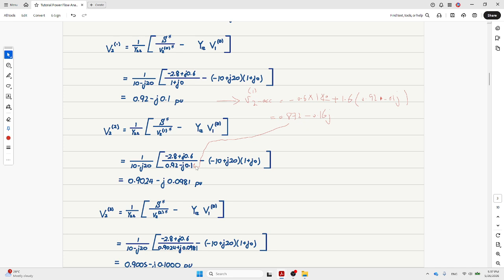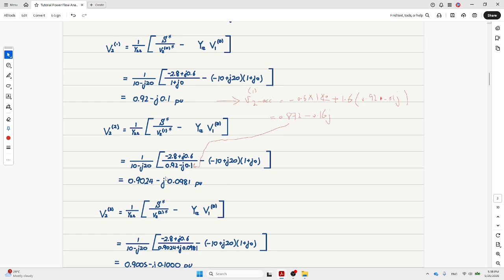And let's see the new value calculation. I have minus 10 plus 20j times minus 1, minus 2.8 plus 0.6j, divided by 0.872 minus 0.16j in parentheses, divided by 10 minus 20j.